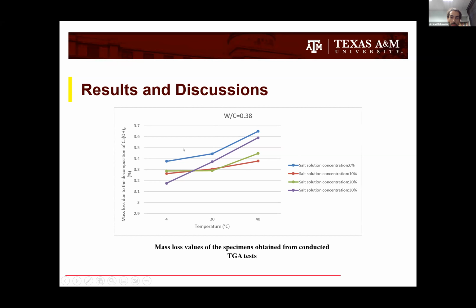And at the top is the sample that was not exposed to the salt solution. So as you can see, we have more calcium hydroxide because none of the calcium hydroxide participated in that reaction.